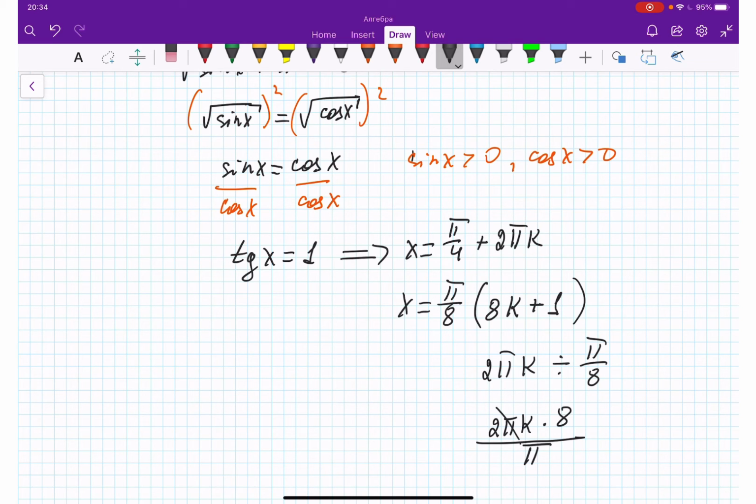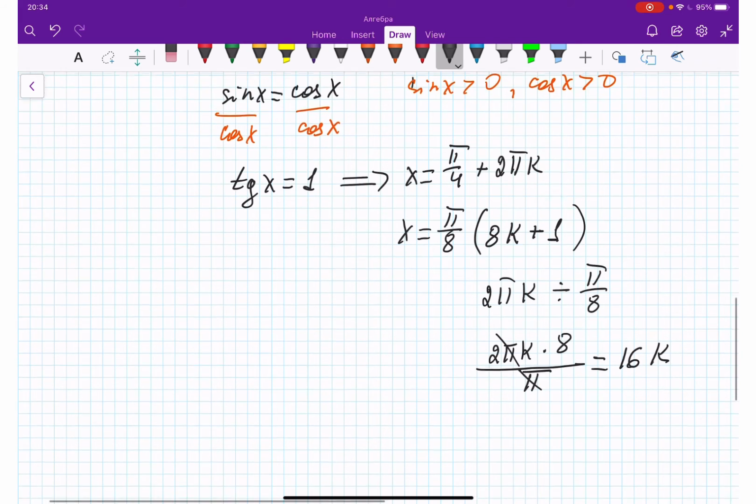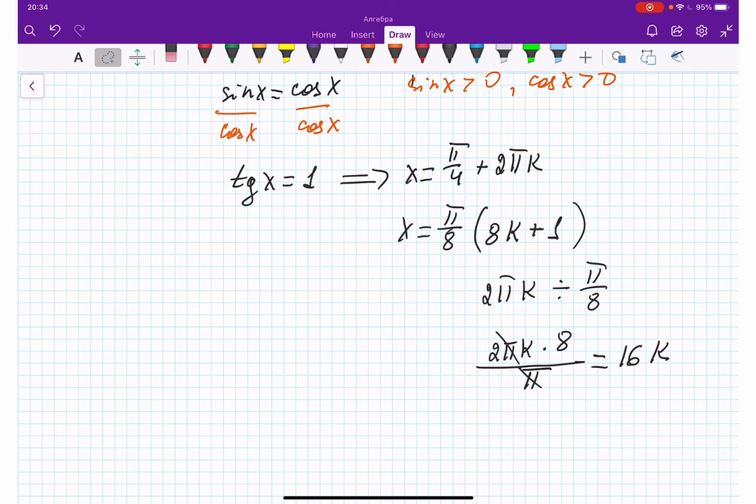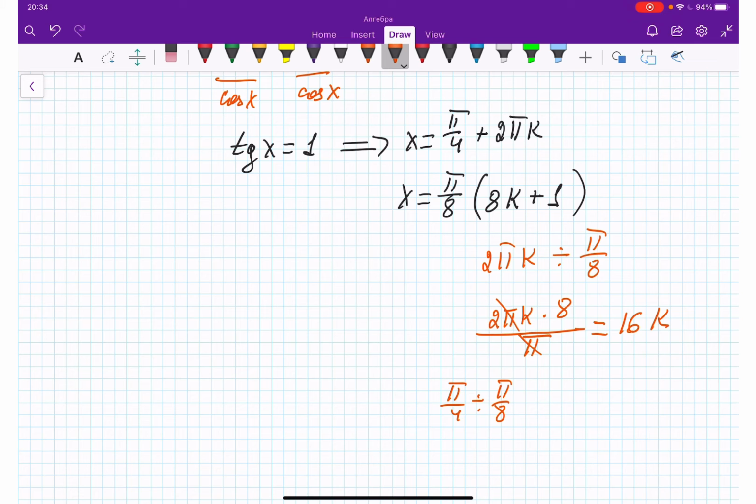Okay, this is gone. Here we are getting 16k. Now, since I'm doing drafting, change the color. Now let's divide also pi over 4 by pi over 8. We want to know how much is left from the pi over 4. It's going to be pi over 4 times 8 over pi, right?